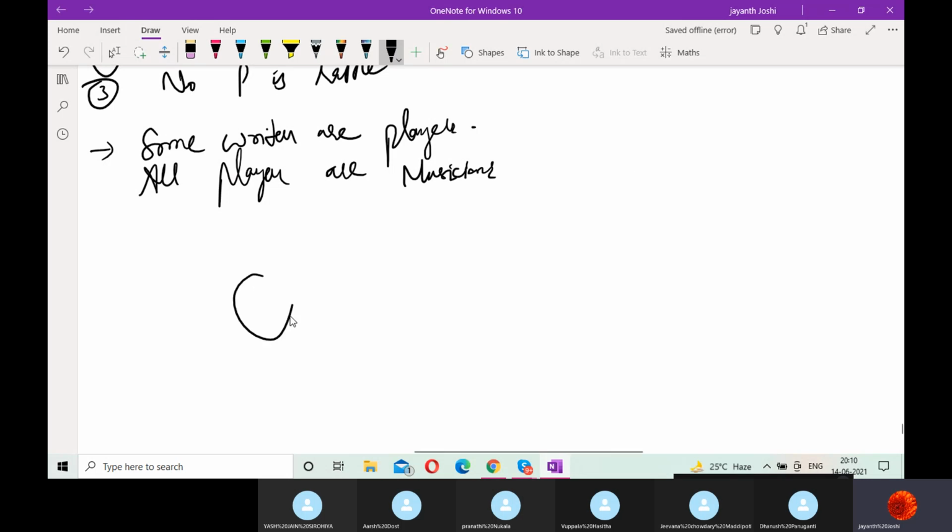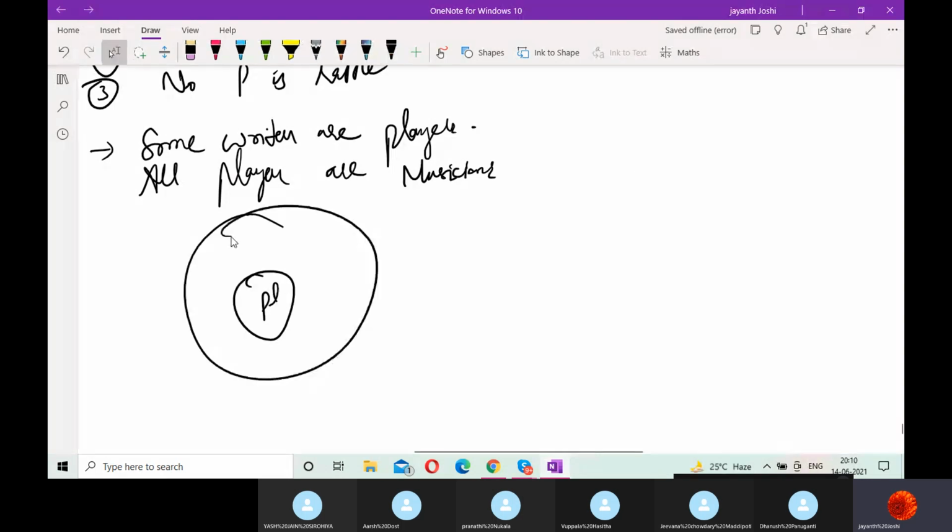See, all players are musicians, and some writers are players. That means directly it is cutting like this. Correct? Some writers are players. So when all players are musicians, some musicians are players.